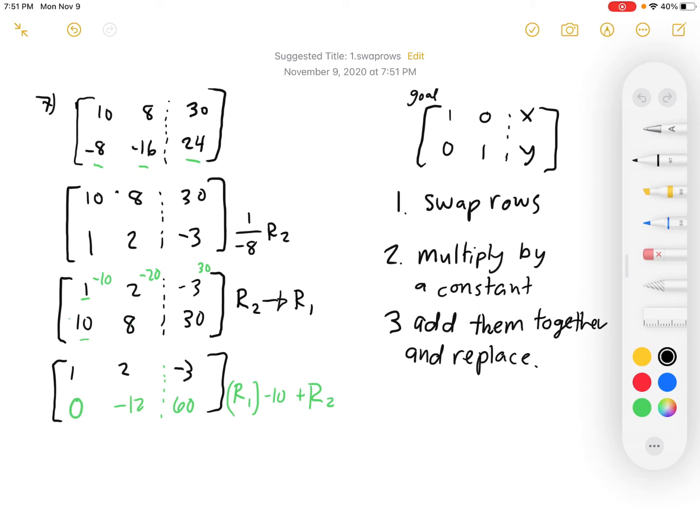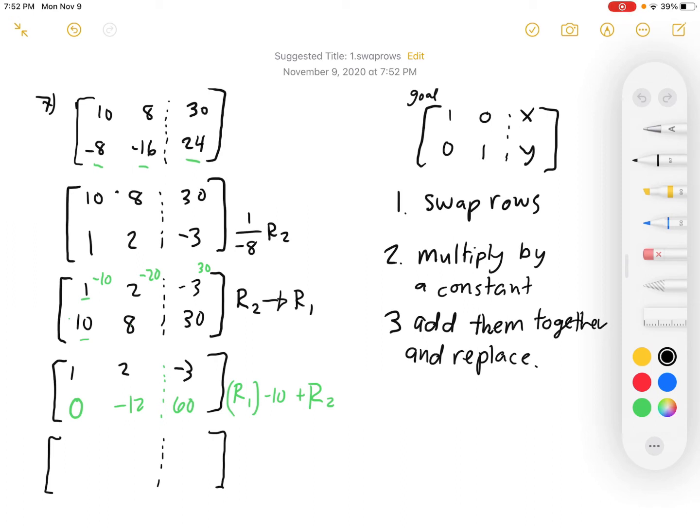Okay, good. So we managed to get 1, 0. We're about halfway to it looking like the identity matrix. Well, next thing I'm noticing is we have -12 and 60, and if we divide by -12, those would be neutralized. Those would go away.